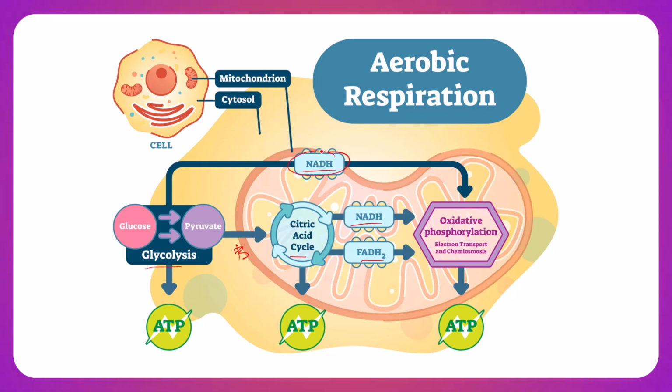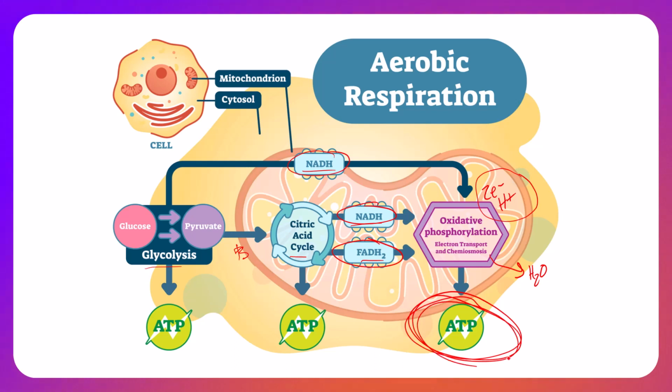All of these NADH and FADH2 molecules are coming into chemiosmosis, where they are dropping off their pair of electrons and hydrogen ions. These are the reactants that are going to help pump out not only the H2O, which is a byproduct of cellular respiration, but produce a ton of ATP. In fact, there are 32 to 34 total ATPs made during this process alone.